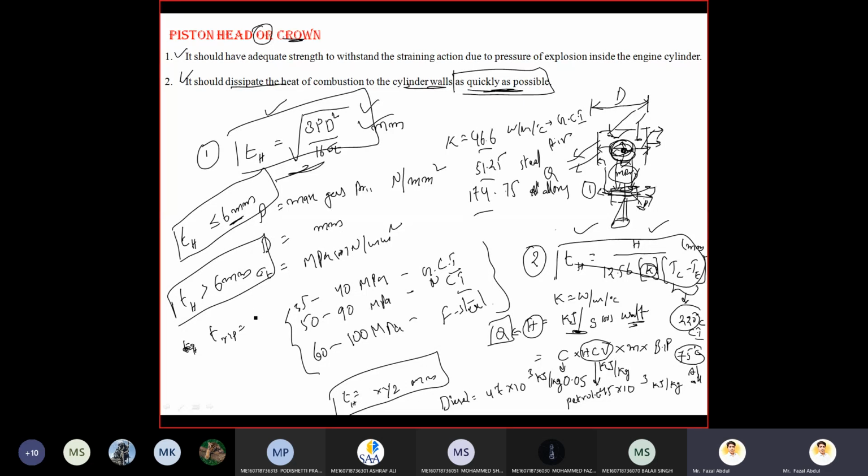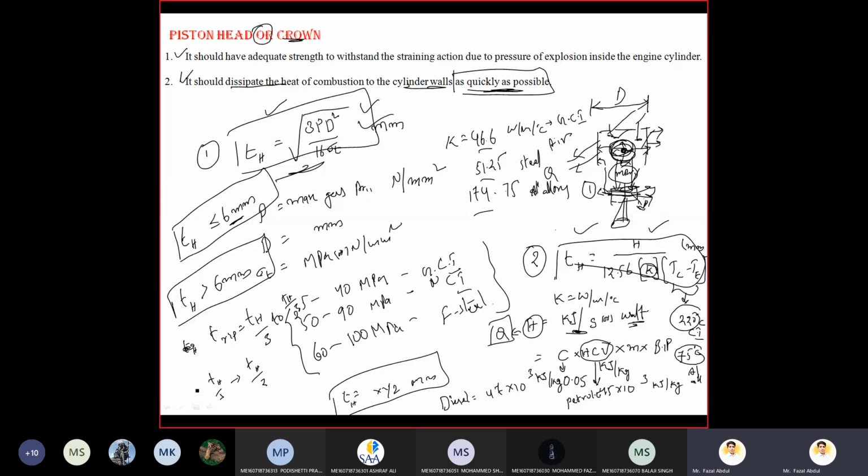So how much each rib thickness we have to maintain, that is also given here by an empirical relation: th by 3 to th by 2.